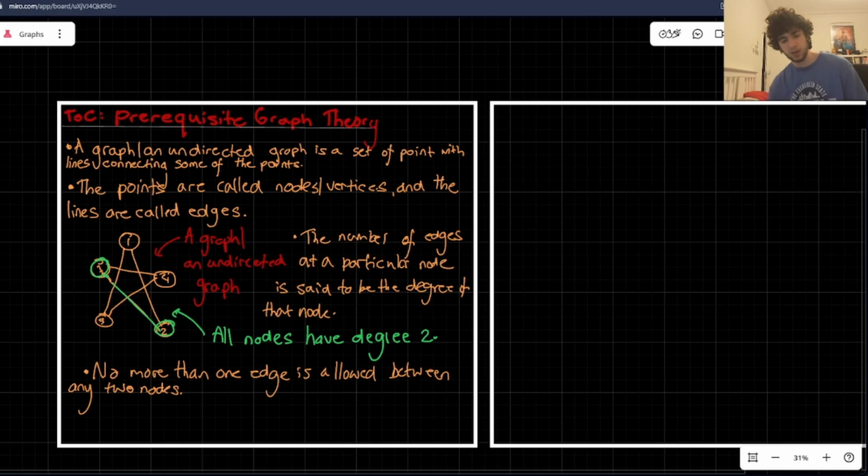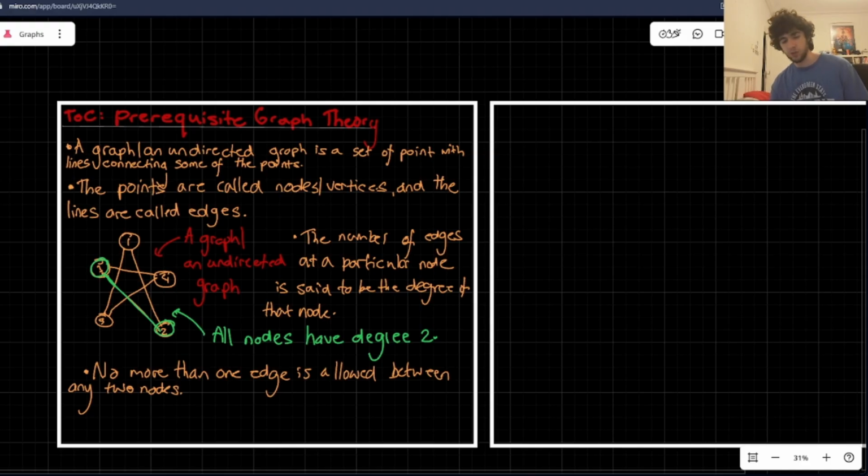I can't have some other squiggly line that goes over here like that. I can't have two paths effectively from 2 to 3 or 3 to 2 because there's no direction. Those are the same thing. So I'm only allowed to have one edge connecting those two nodes, and that's true for all pairs of nodes.